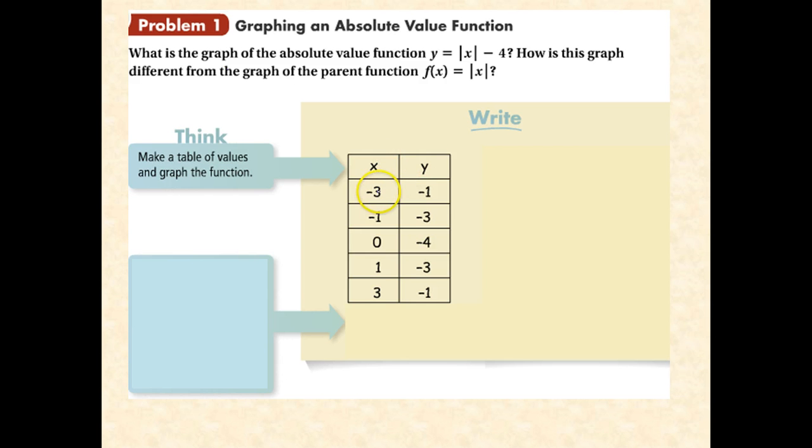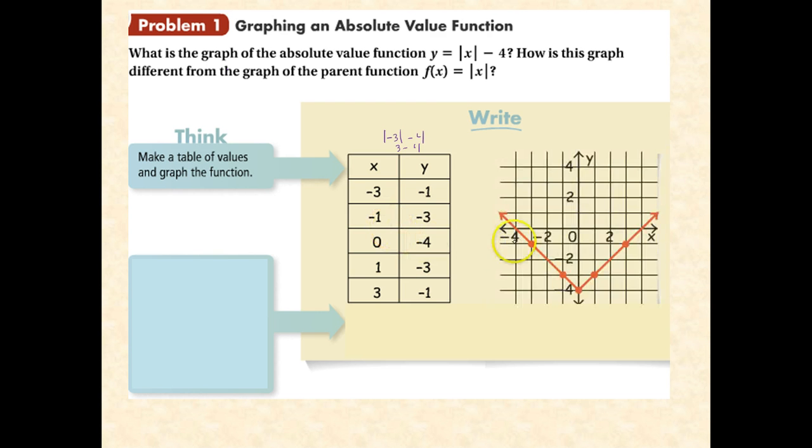So, if I pick -3, -1, 0, 1, and 3, and then I'm going to do the absolute value of -3 minus 4, and that's 3 minus 4, which is -1. And then I'm going to repeat that process for each one of these inputs, so I get this cool table of values. And then I'm going to plot those points, and then I can see how that V shape is going to go.